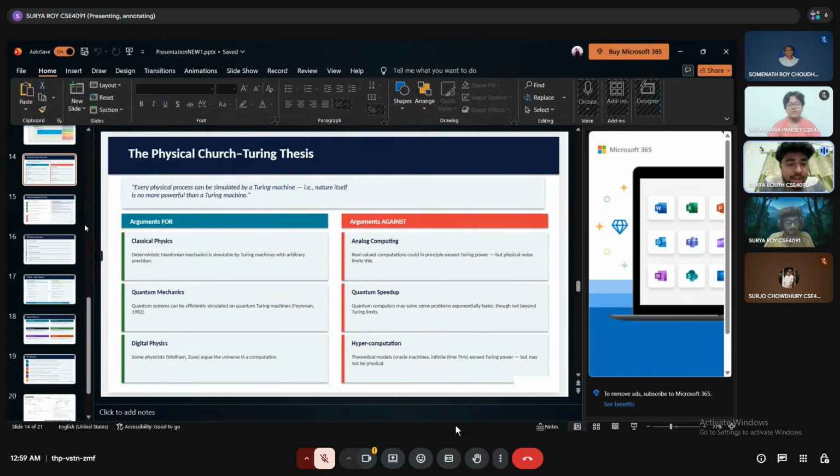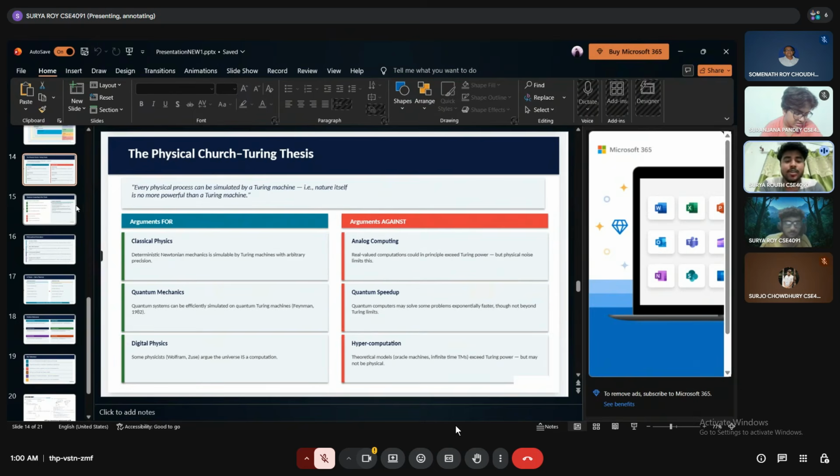Deterministic Newtonian mechanics is simulable by a Turing machine with arbitrary precision. Second, quantum mechanics. Quantum systems can be efficiently simulated on quantum Turing machines, by Feynman in 1982. And the last, digital physics. Some physicists, Wolfram for instance, argue the universe is a computation.